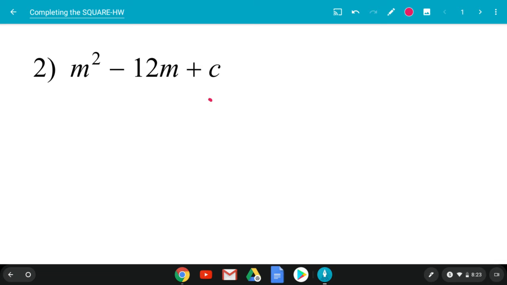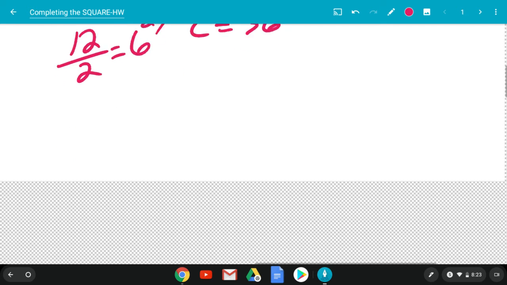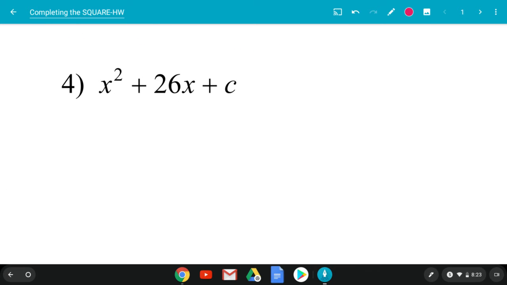36. Excellent. C would have to be 36. How did you do that? Well, we went 12 divided by 2 is 6, and then 6 squared is 36. Does that make sense? Good. So let's look at the next one. What would C need to be for this to be a perfect square trinomial?